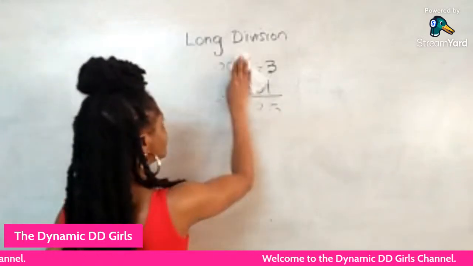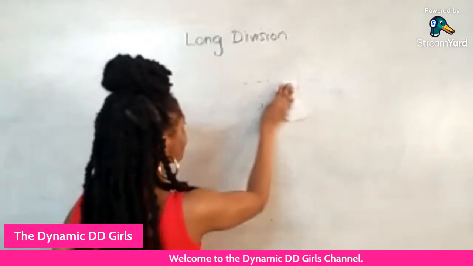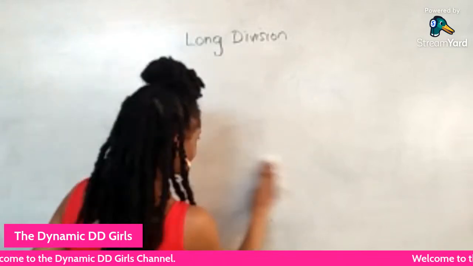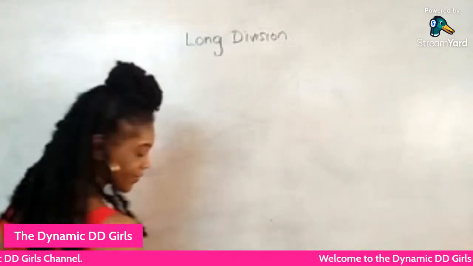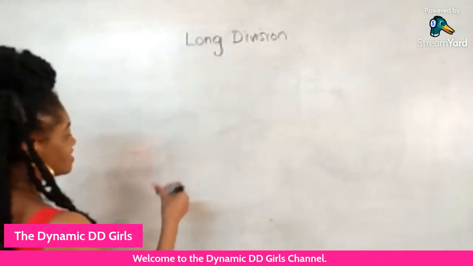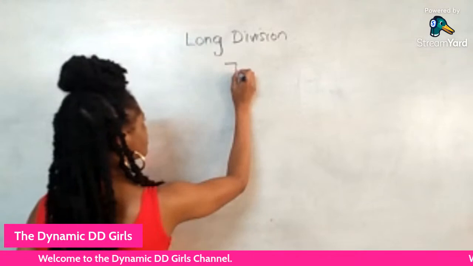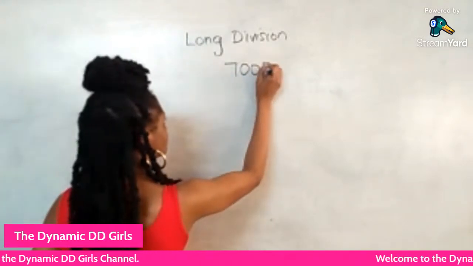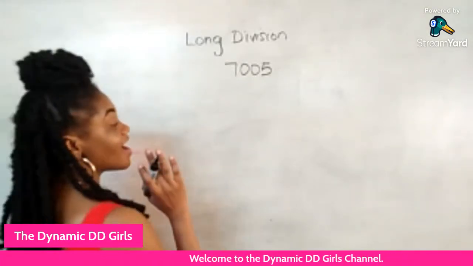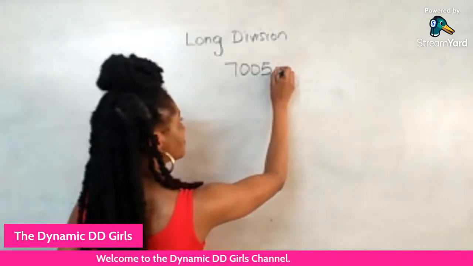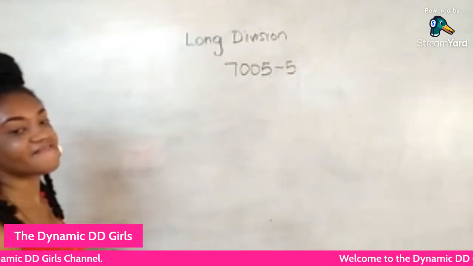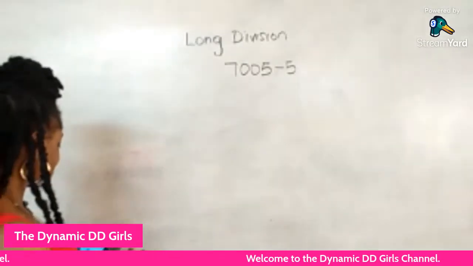So let me quickly erase this problem. So that's 7,005 divided by 5. That's 7,005, and we are dividing by 5.